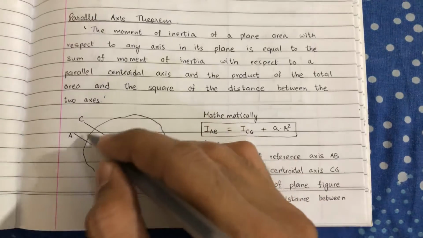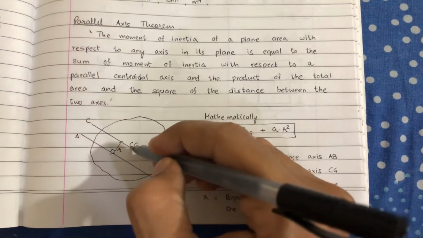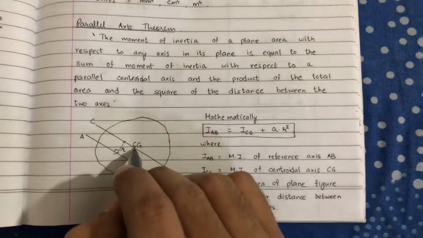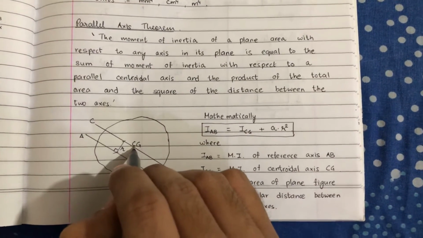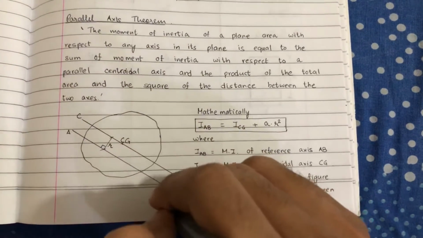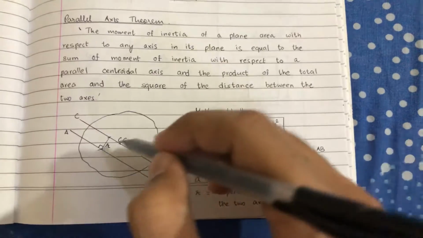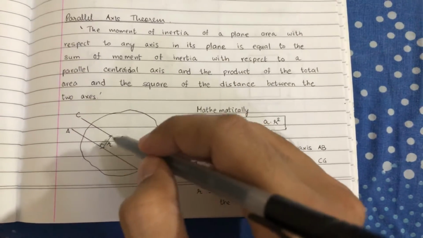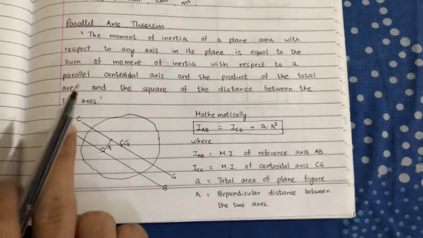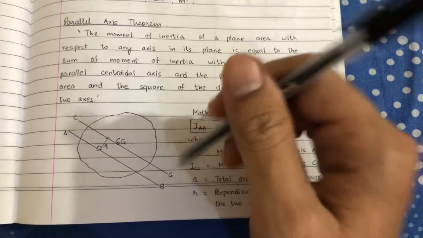Suppose this is a plane figure. This is the centroid CG of that plane figure, this point. And this is the reference axis AB, and this is the centroidal axis CG, and R is the perpendicular distance between the reference axis AB and the centroidal axis CG.